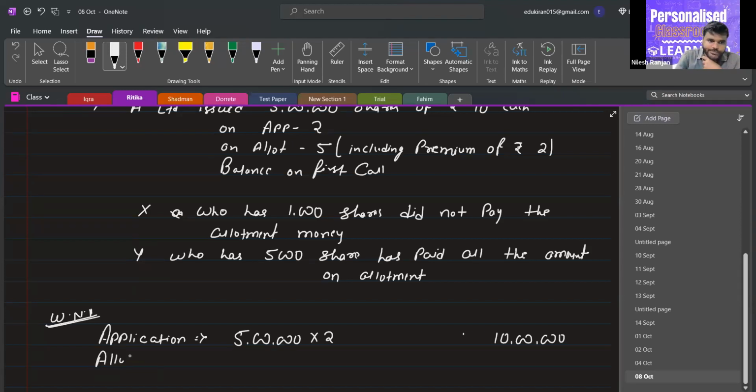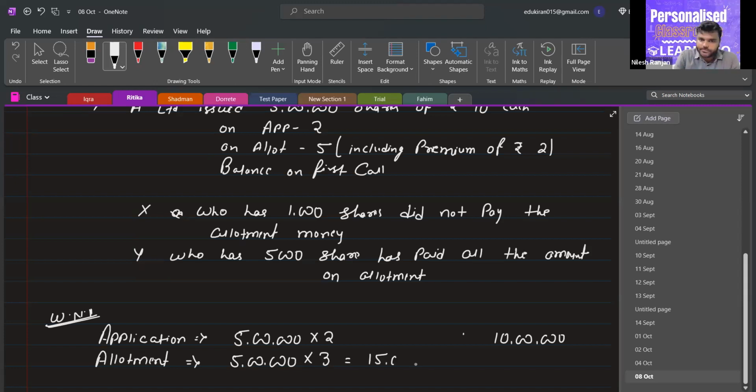Now allotment. 5 lakh shares. Can you tell me the allotment amount, allotment money per share? Sir, with or without premium? Only allotment. 3 rupees. 3 rupees, so it is 15 lakh.